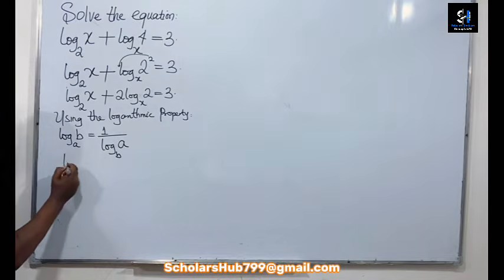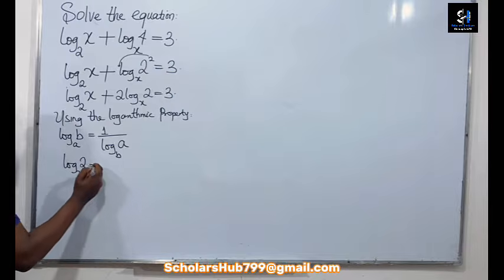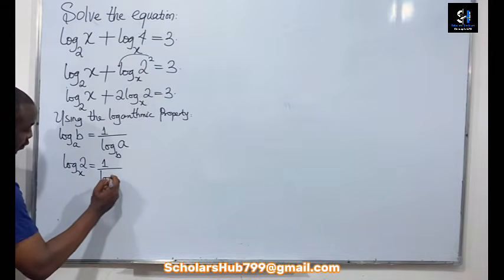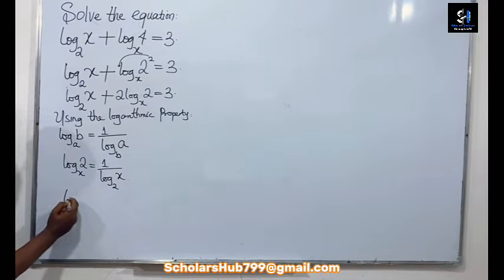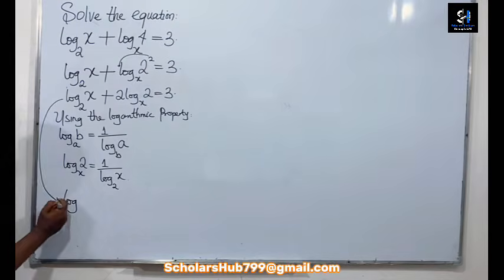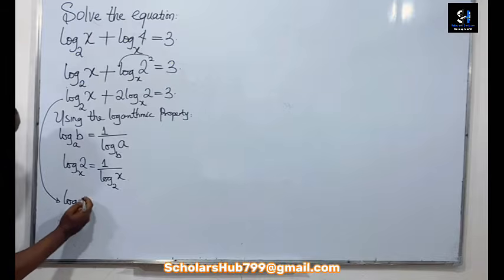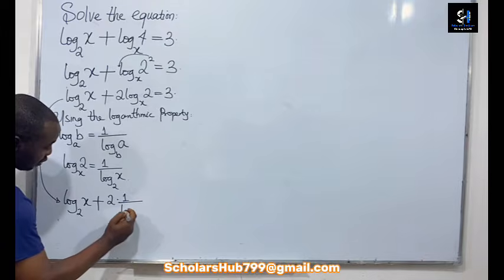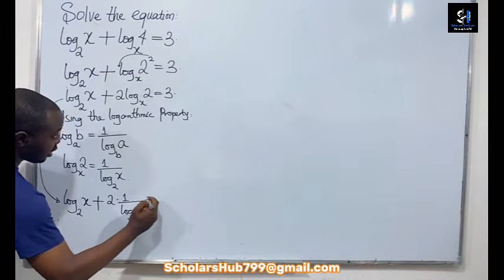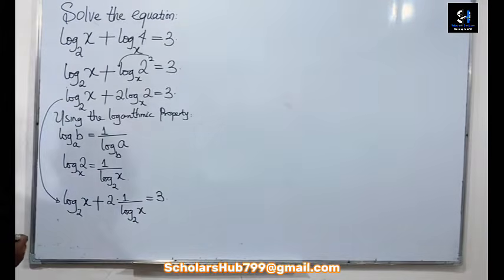Which means log to base x of 2 will be equal to 1 over log to base 2 of x. So we have log to base 2 of x plus 2 multiplied by 1 over log to base 2 of x equals 3.